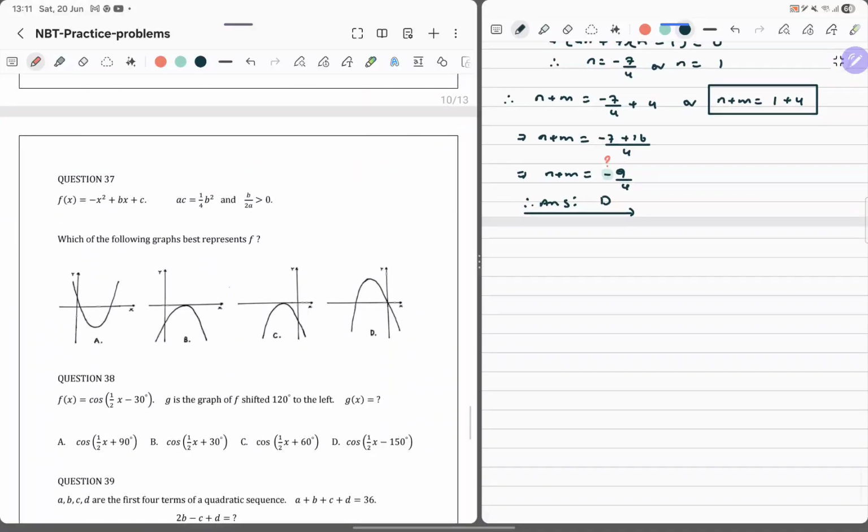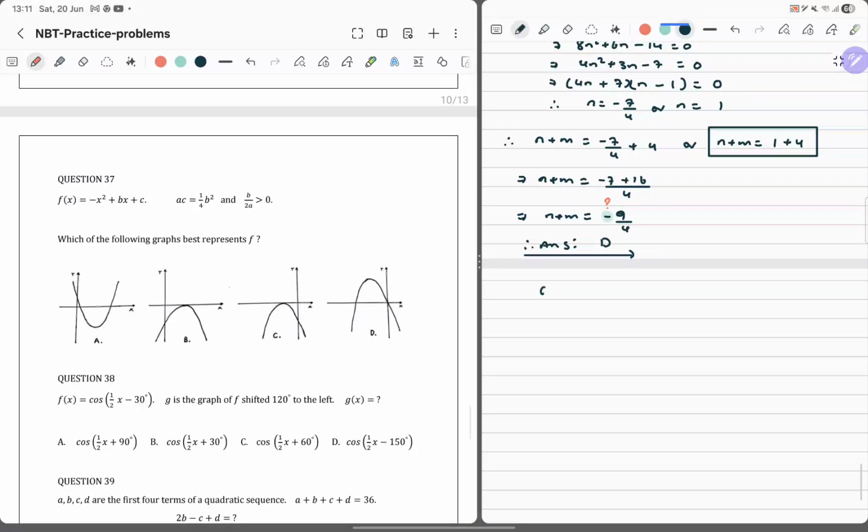So question 37. We're moving closer to the end. Question 37 says f of x is minus x squared plus bx plus c. AC is equal to a quarter of b squared. And then b over 2a is greater than 0.